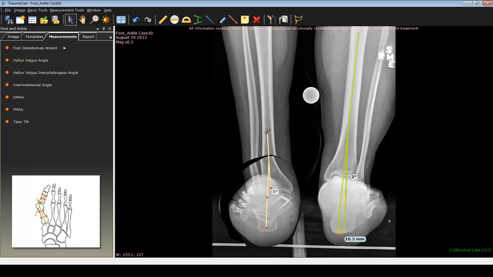And now we have reduced our translation, and we've made the correction that we need to have a more normal appearing calcaneal position with respect to the tibia.